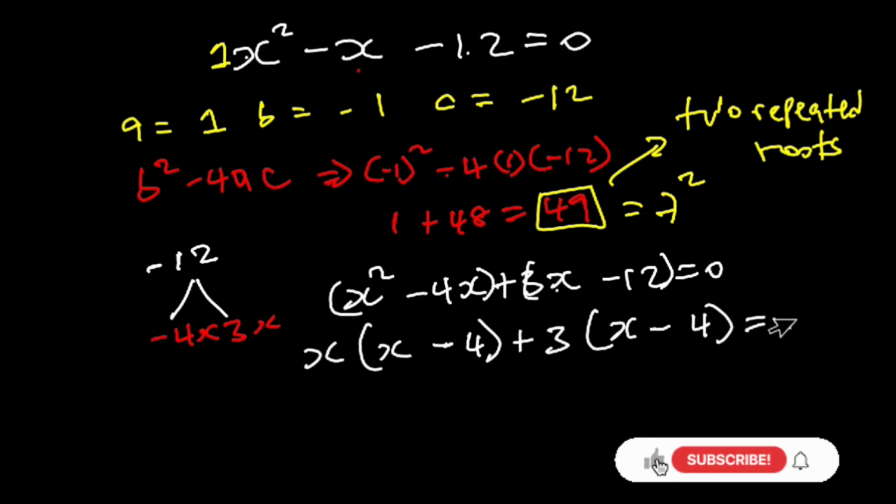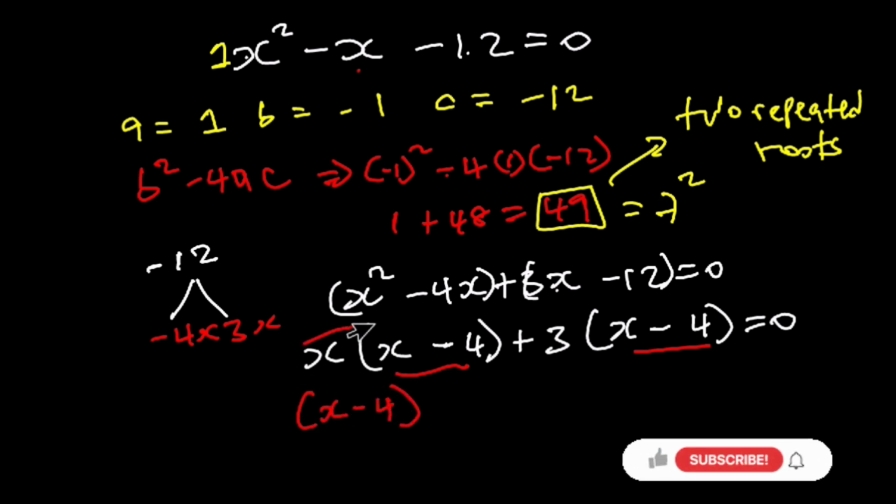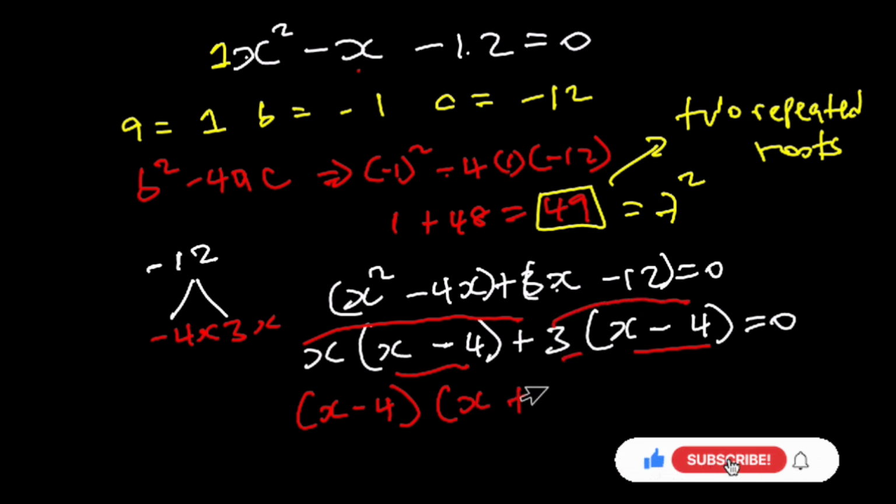Then this is equal to 0. If you look at this very well, you see that we have x minus 4 here and x minus 4 here. So we're going to bring out one of this x minus 4, and then to the left-hand side here, we're going to be left with x, then plus here we're going to be left with this 3. So we're going to equate everything to 0 and then solve for the value of x.